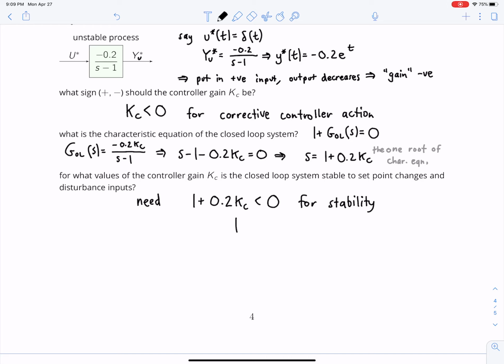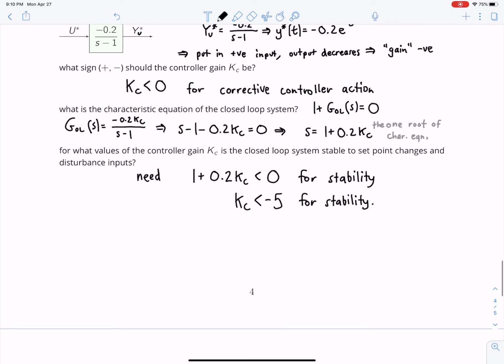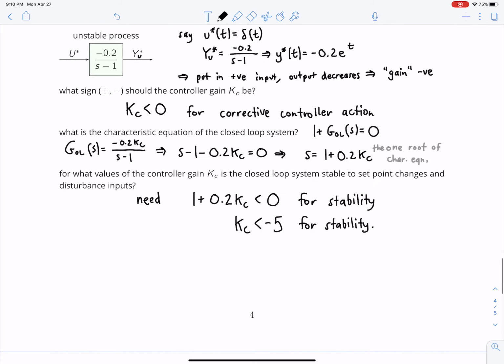And that means that we need Kc to be less than minus 5 for stability. So Kc less than minus 5 is the correct controller gain. What this means is that we need the controller gain to be aggressive enough.